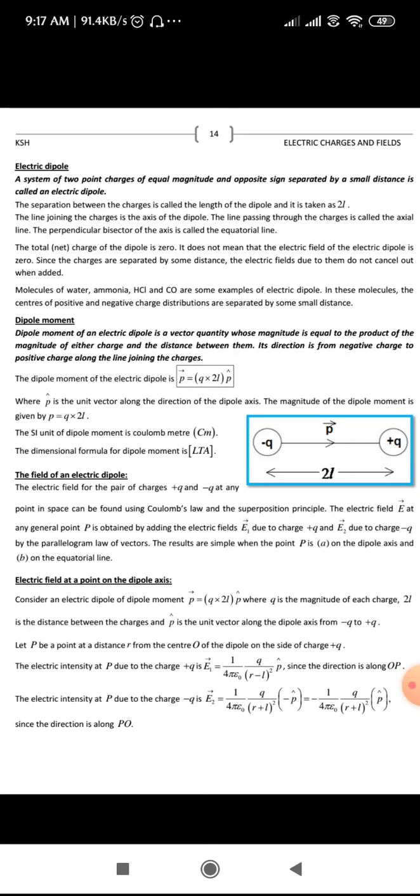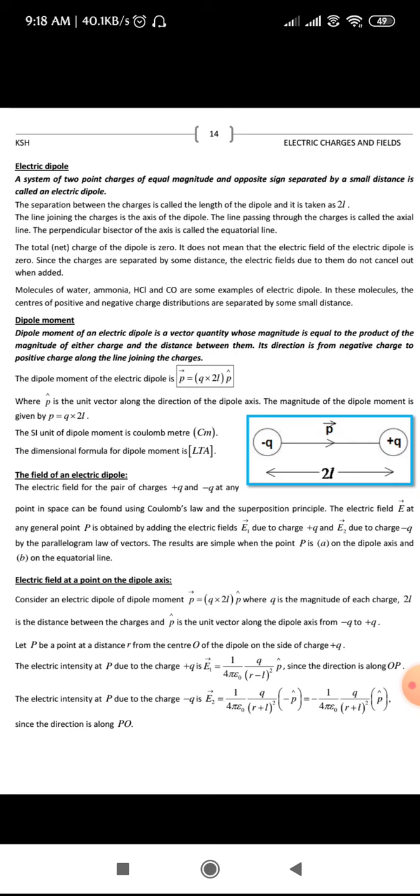Next, the electric intensity at point P due to the charge minus q is vector E2 is equal to 1 by 4 pi epsilon naught into q divided by r plus l whole square and minus of vector p, that is equal to minus of 1 by 4 pi epsilon naught into q divided by r plus l whole square into p cap.